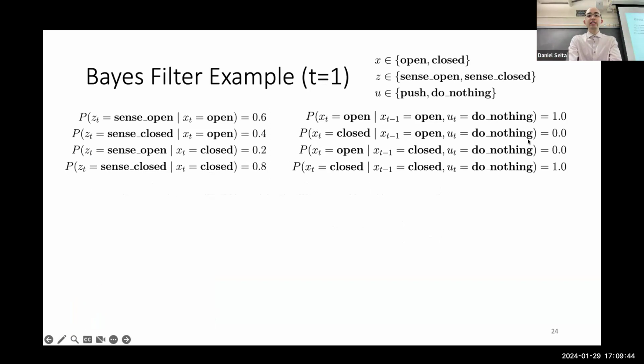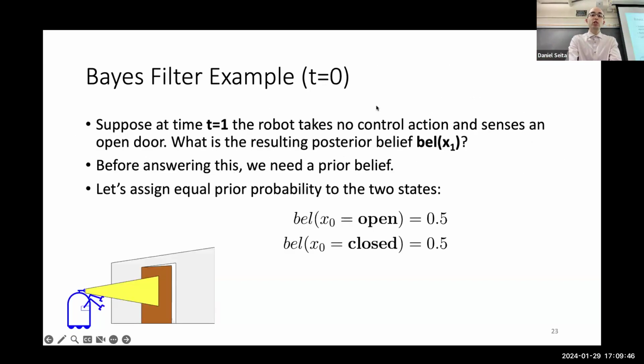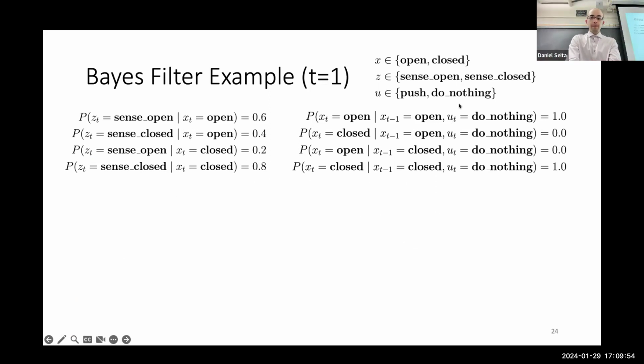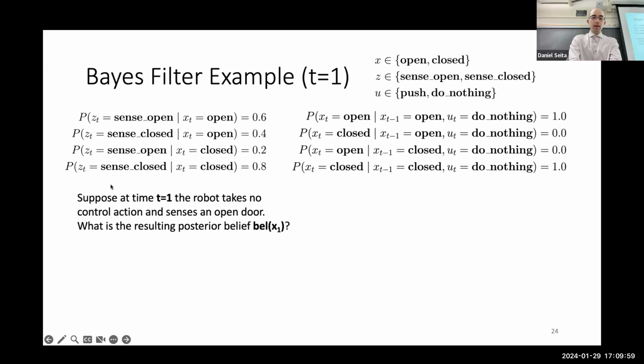Now we're showing the do nothing here because we're assuming the robot takes no control action. So we have no control action. So that's why we have this here. Again, the question is, what is the resulting posterior belief X1?